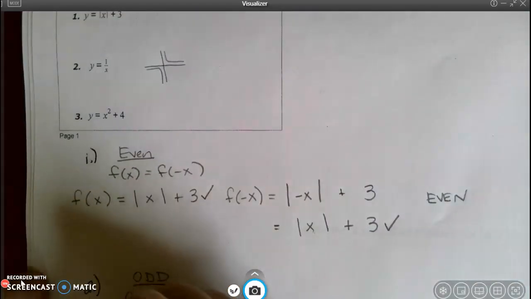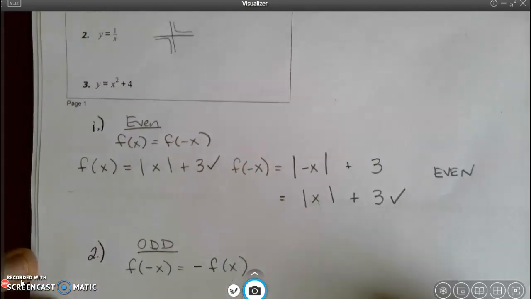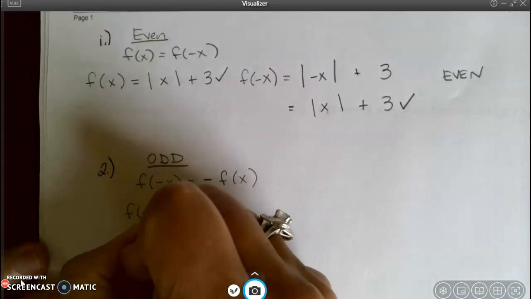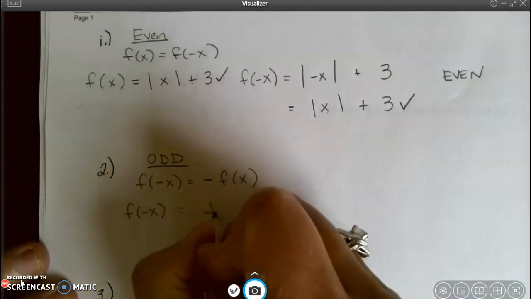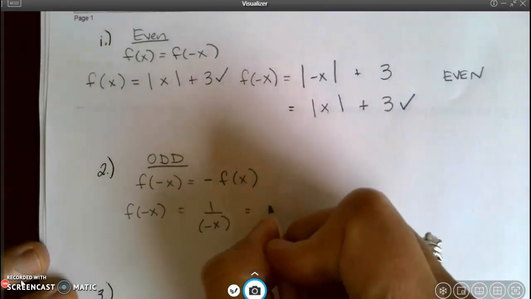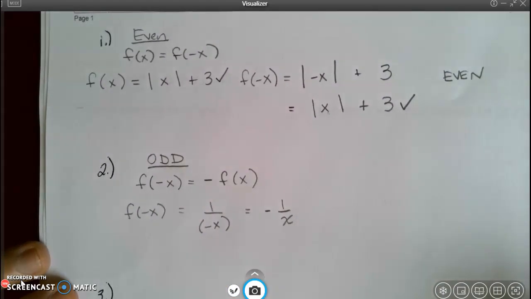The odd test is f at negative x is equal to negative of f of x. So I need to start with the left side. F at negative x would be 1 over negative x, which is simply negative 1 over x.